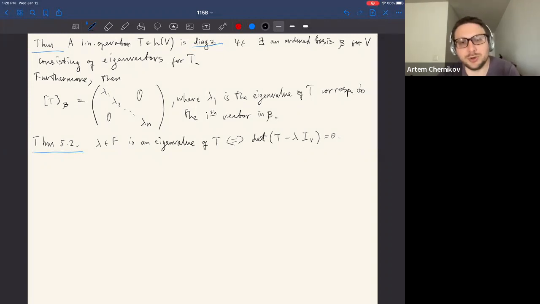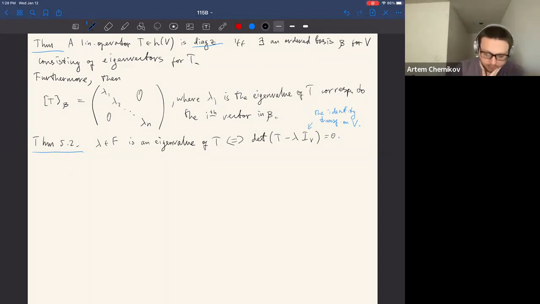It corresponds to finding the roots of a certain polynomial. But first of all, we have this result: the eigenvalues are precisely those scalars lambda in F which satisfy this condition. Here, let me remind you that this is the identity transformation on V. So we just scale it by lambda and then subtract from T.